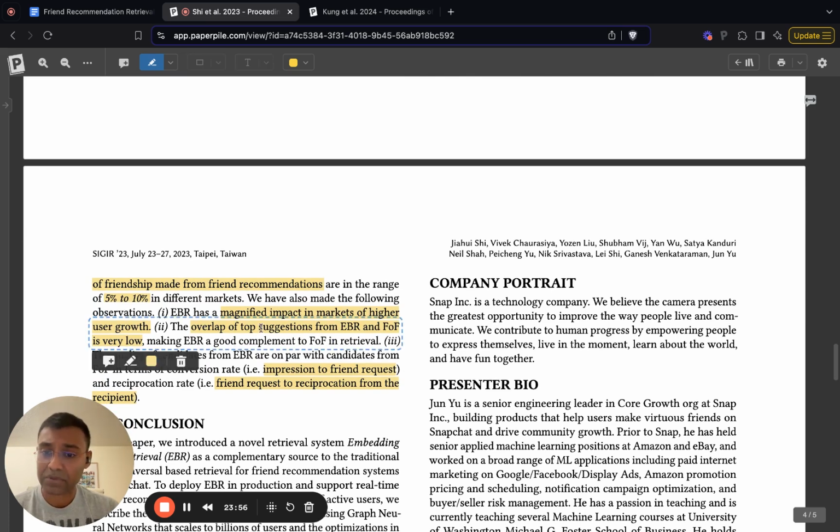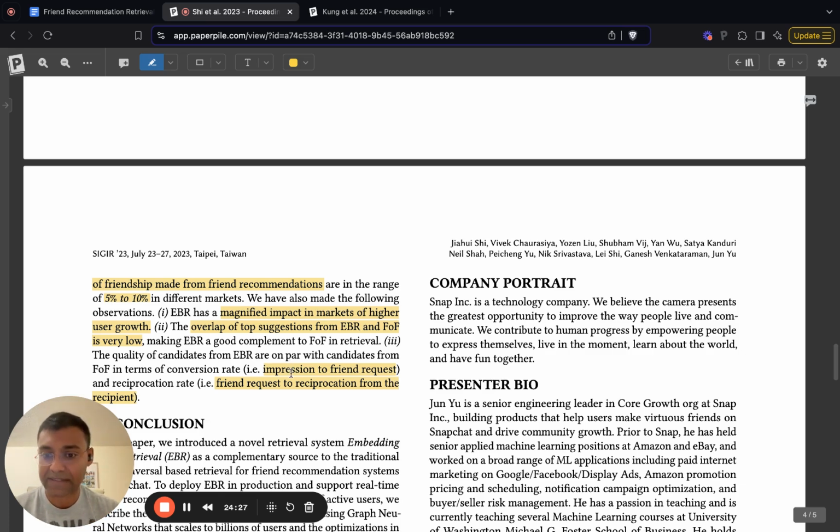The overlap, this is the part I wanted to stress, the overlap between the top suggestions of embedding-based retrieval and friend of friends, which is the graph search one, is very low in their context. That's what they found, which is good, because it means these two sources of retrieval are complementary and additive.